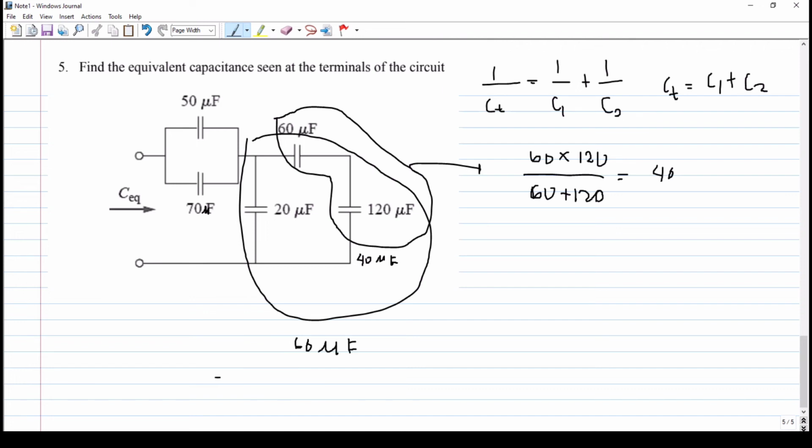Okay. So take note also, this is the parallel 50 microfarad and 70 microfarad. So 70 plus 50, that is 120 microfarad. Okay. So now the circuit becomes a series.